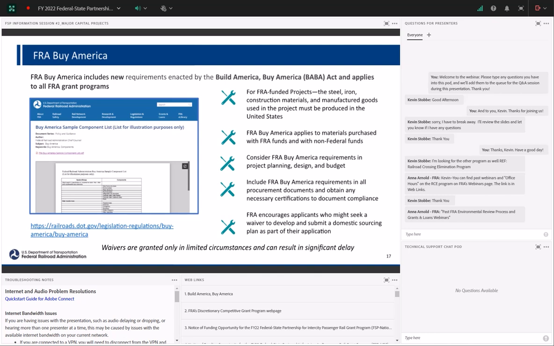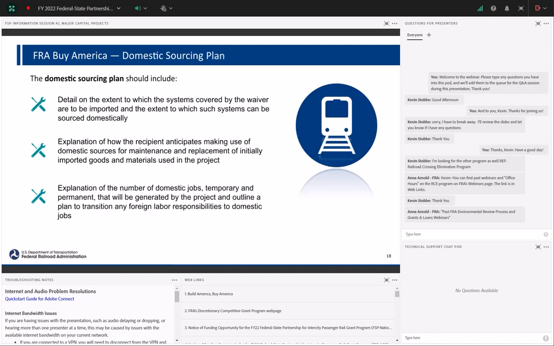We are considering Buy America requirements through all stages of the project. If the project is seeking federal funds, then Buy America is applicable. Again, the domestic sourcing plan should include, to the extent possible, a detail of what the systems covered by the waiver are to be imported and the extent to which such systems can be sourced domestically.